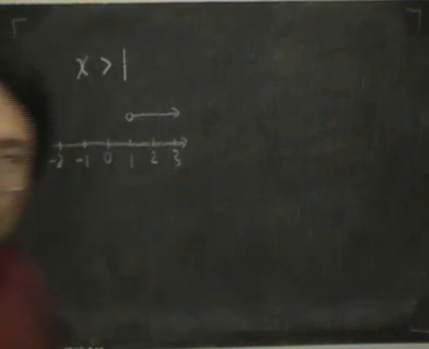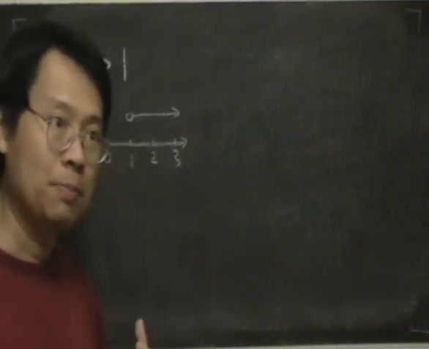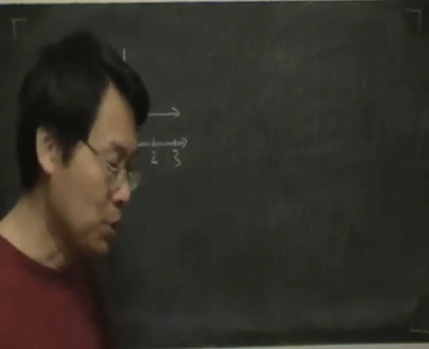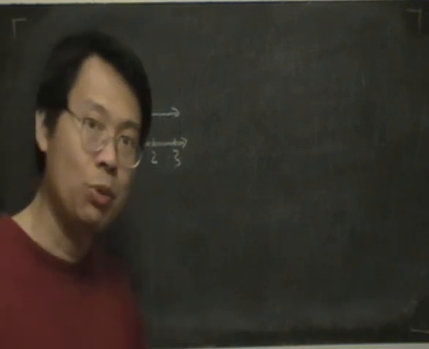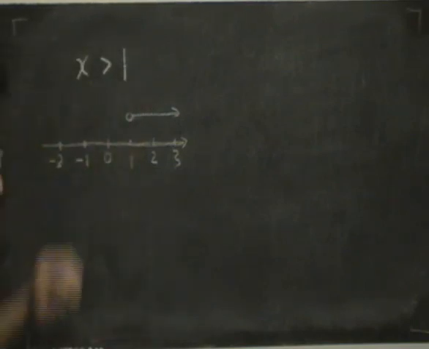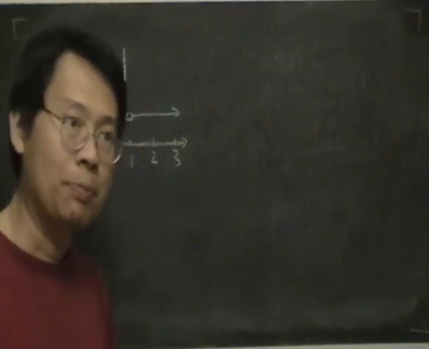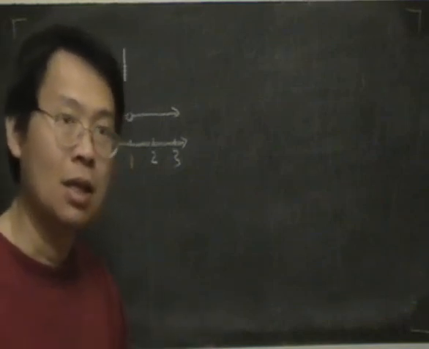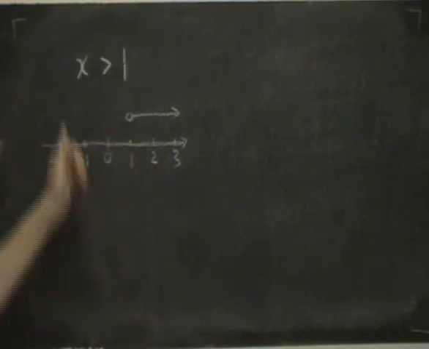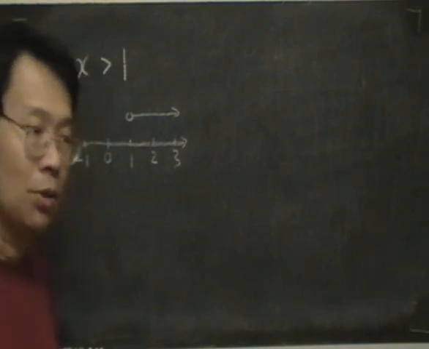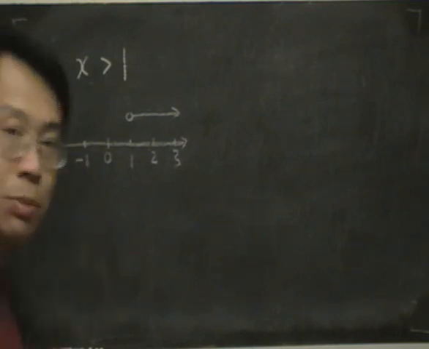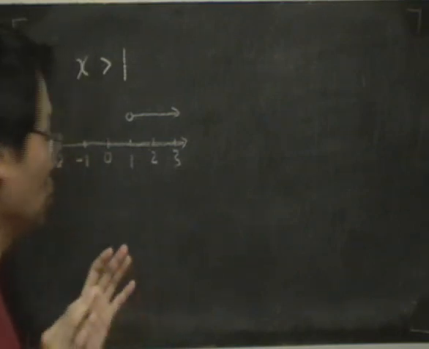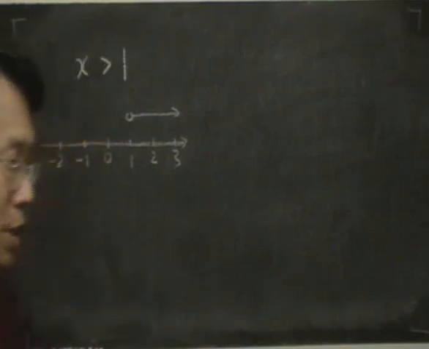Now I will explain more about why. The main reason why we want to use a number line is to deal with more complicated expressions of inequalities. Okay, so we'll look at those in a moment, but right now I'm going to explain a little bit more about using the number line to represent the inequality.